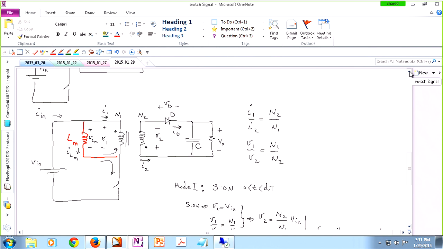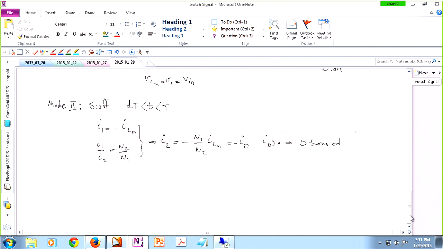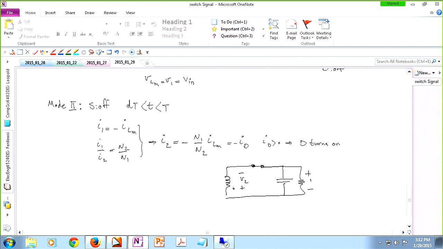But on the secondary side, since the diode is on, in other words, shorted, we can argue that V out and V2 are the same with the negative polarity. If I draw the secondary side, we have a diode that is on, and this is V out.